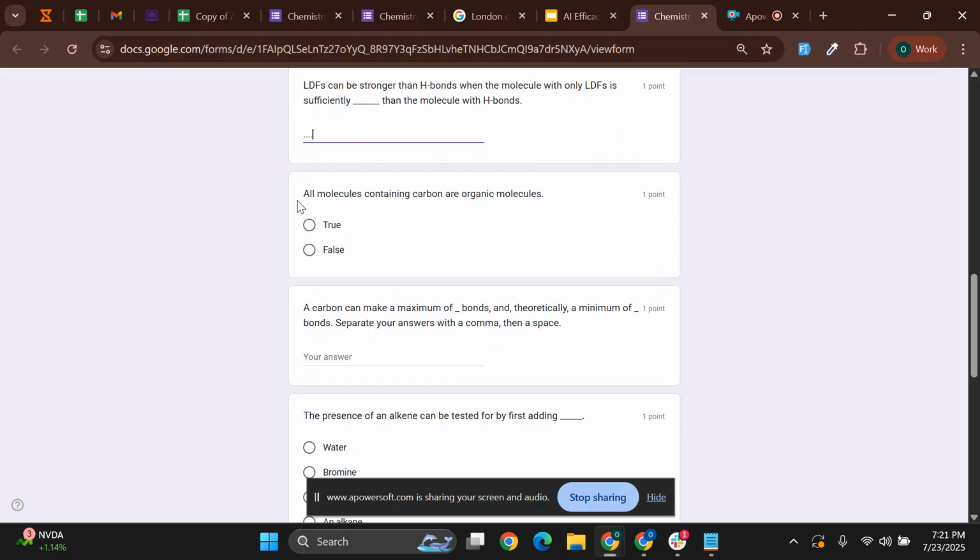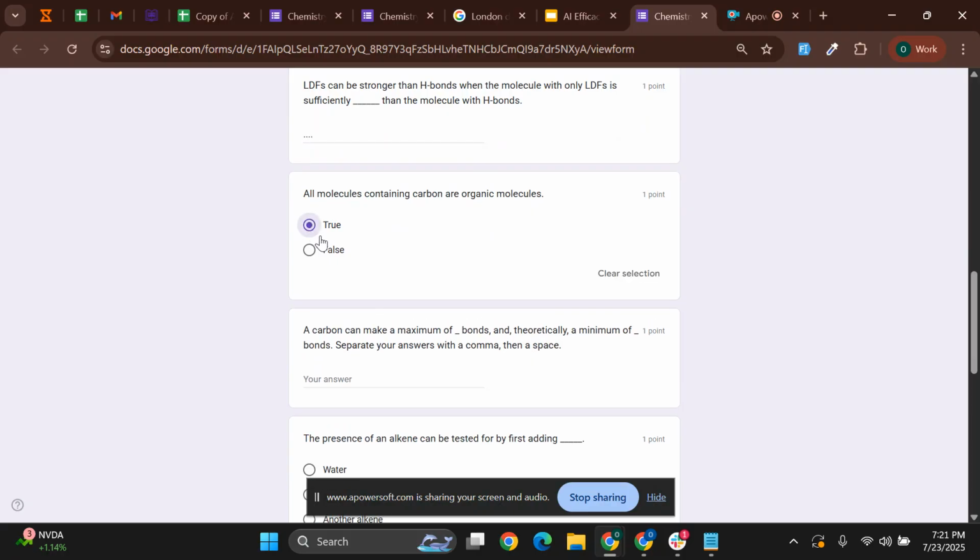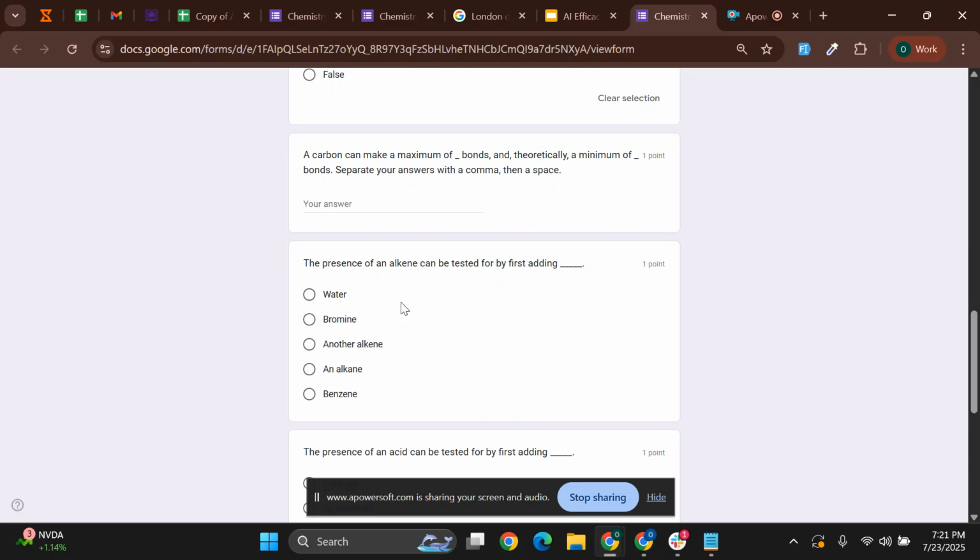All molecules containing carbon are organic molecules. True. A carbon can make a maximum of 4 bonds and theoretically a minimum of 1 bond, I guess.